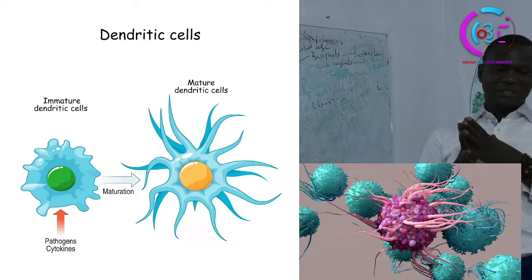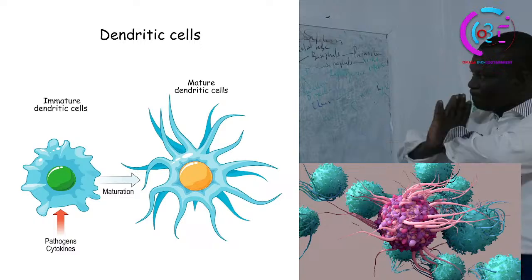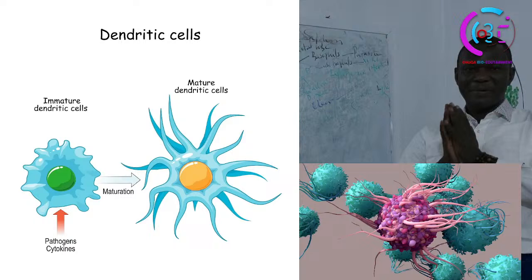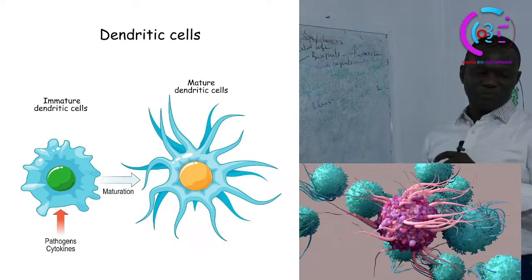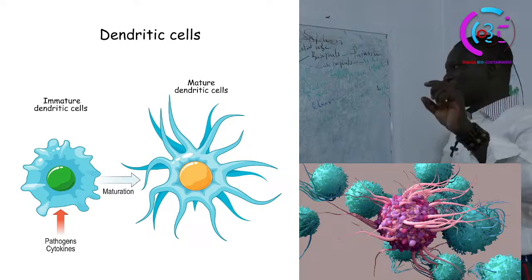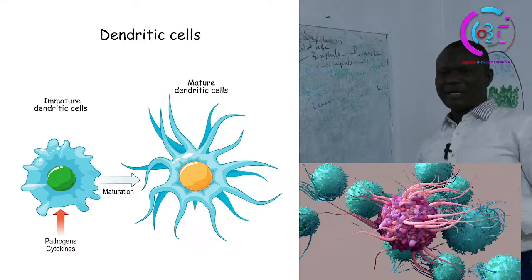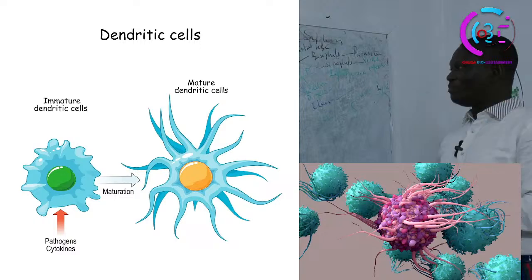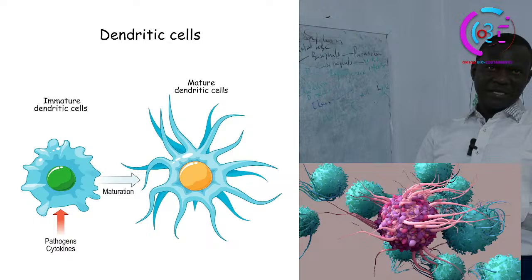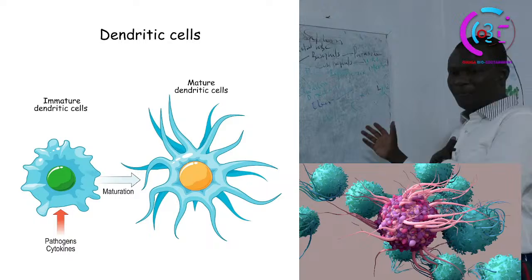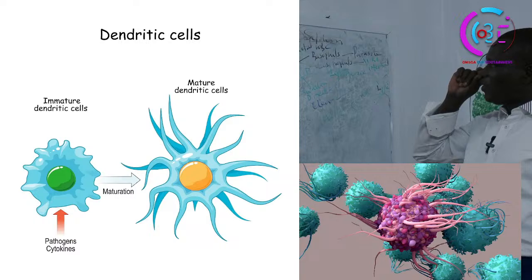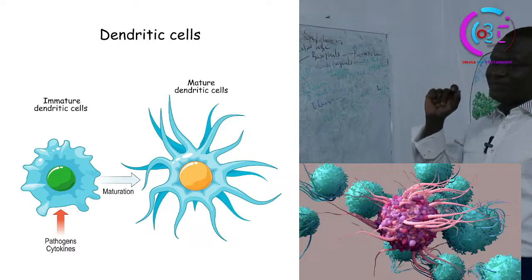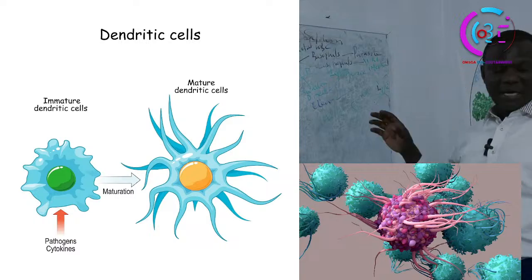Don't forget that we have come across the components of the immune system. The first is the barrier, and that barrier is physical and chemical. The physical barrier is where we mentioned the skin and cilia, and we looked at why the epithelial cells of the skin are keratinized.